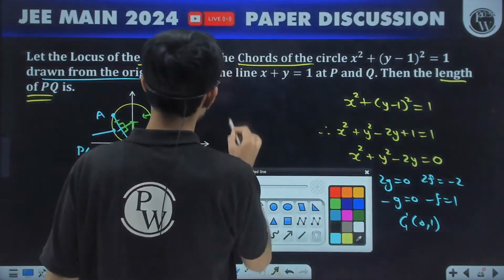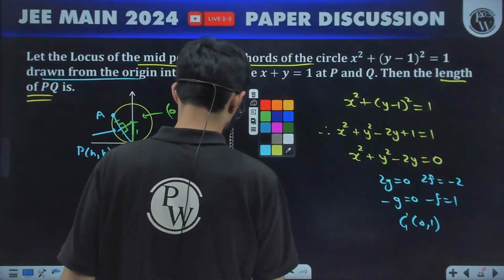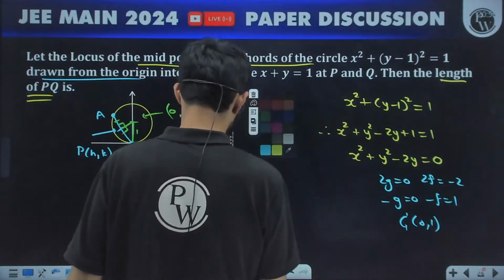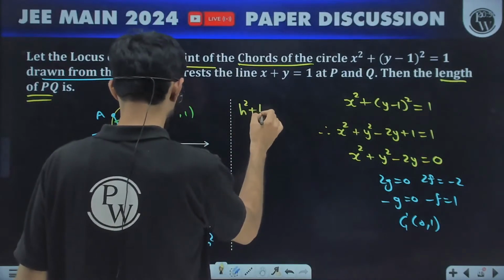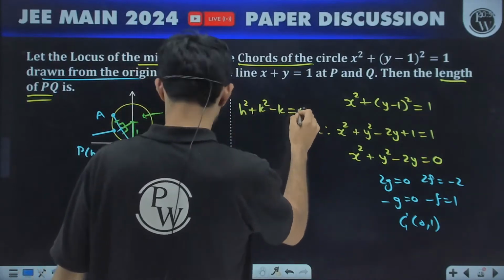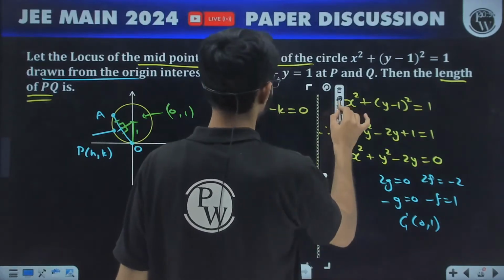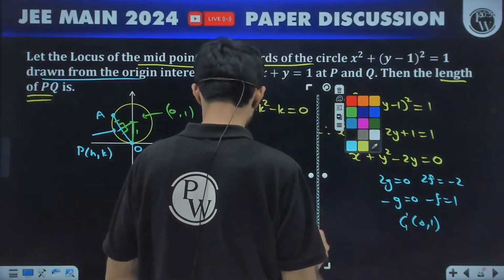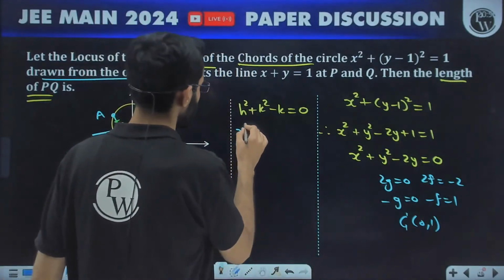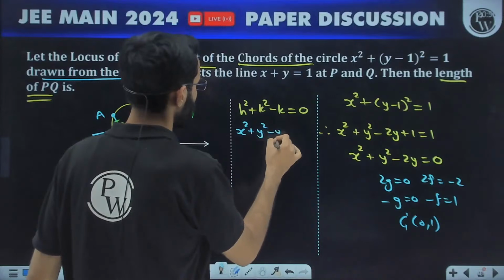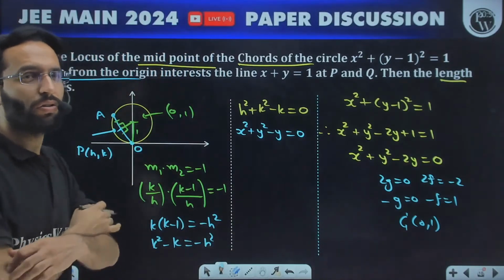If I simplify further, this will become h square plus k square minus k equal to 0. Is this also the equation of a circle or not? Check please. This is also the equation of a circle: x square plus y square minus y equal to 0.